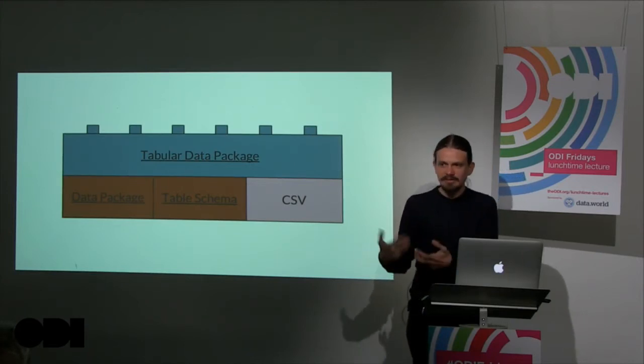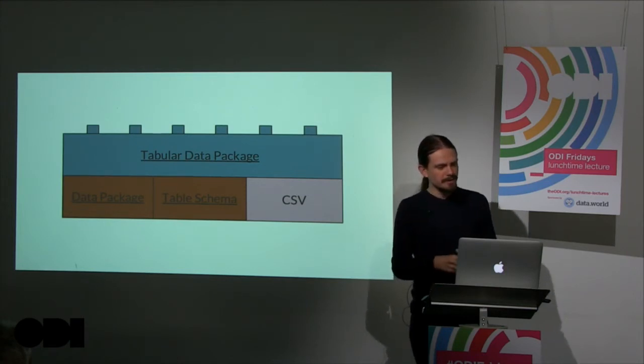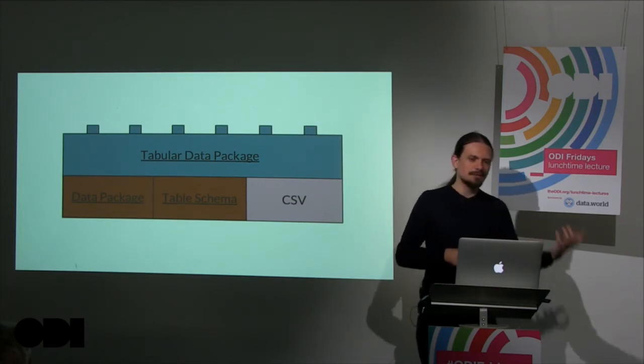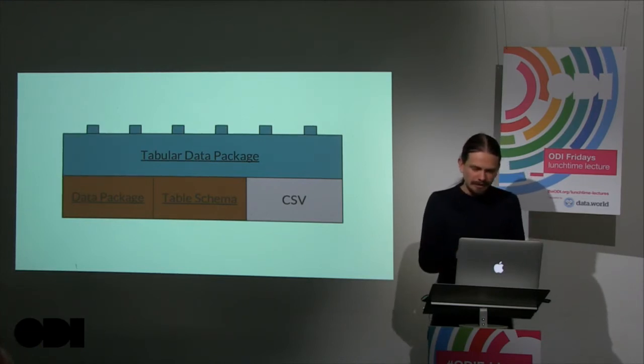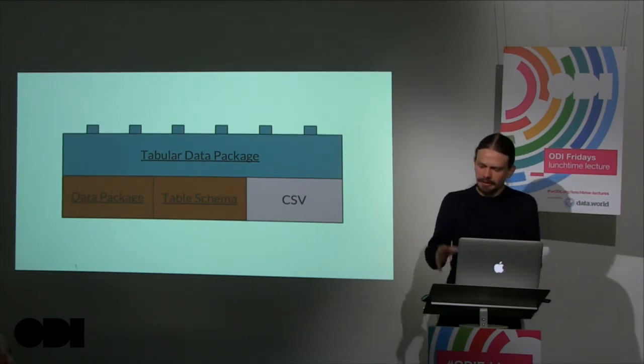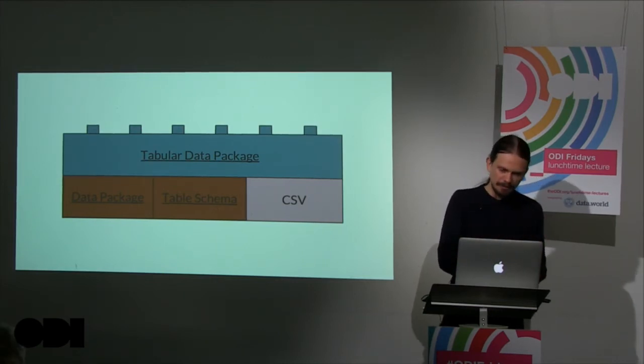This language needs to be expressive enough to talk about what I want to describe, but it also needs to be simple so people actually use it. So in the Frictionless Data specifications, we're very, very much into getting it very simple so people can use it.